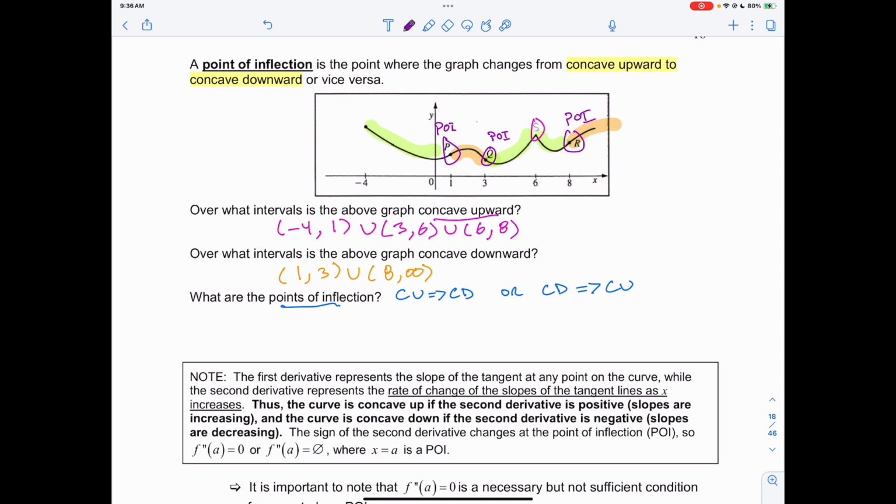Now, point S went from concave up to concave up again, so that is not a point of inflection. So the points of inflection are when x is equal to 1, 3, or 8, or at the points P, Q, and R.